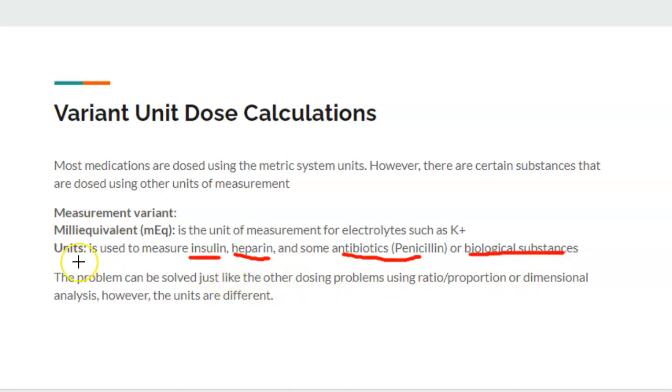So the problem can be solved just like all other dosing problems using ratio, proportion, and dimensional analysis. However, the units are just going to look a little different. And the key is making sure that your units match each other. And as long as you can do that, you're good. Okay? So don't let that confuse you.